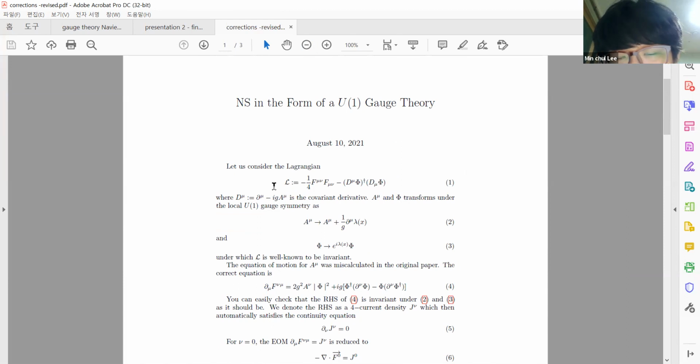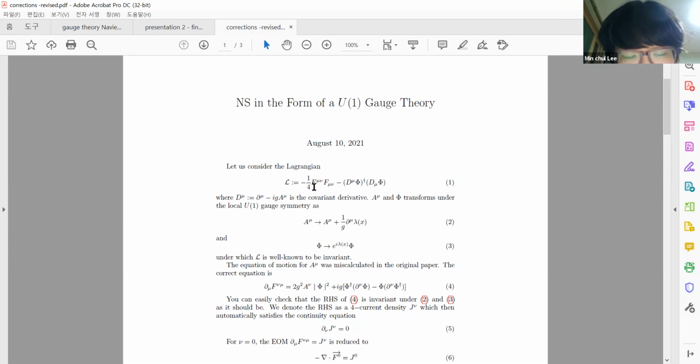Here, I believe that many of you are not really familiar with the summation convention. Meaning that if there is an upper index and a lower index, then they are summed. This is just a convention, and you don't have to really think about it anyway.